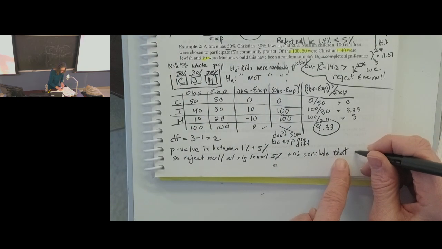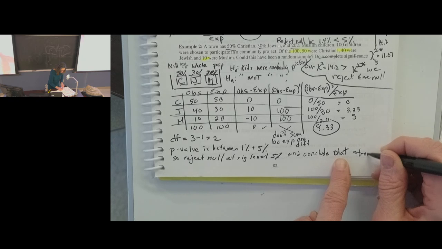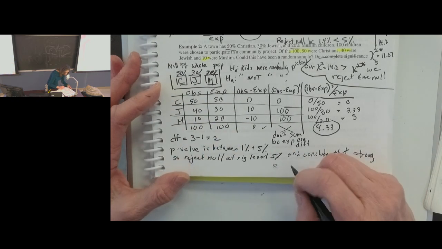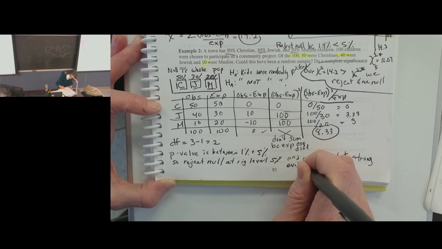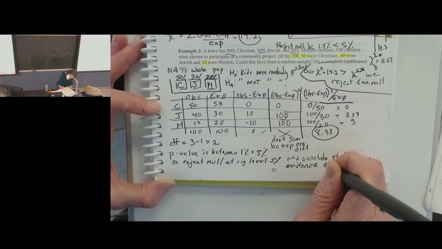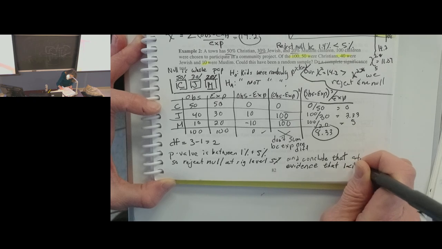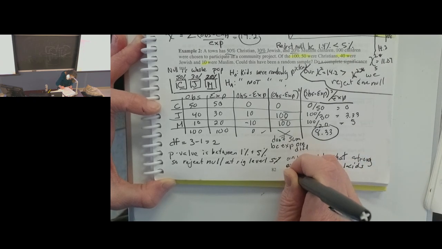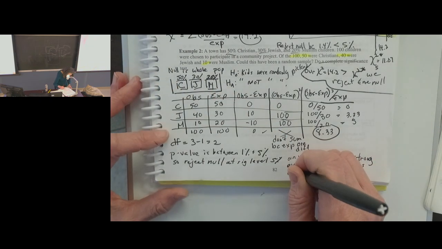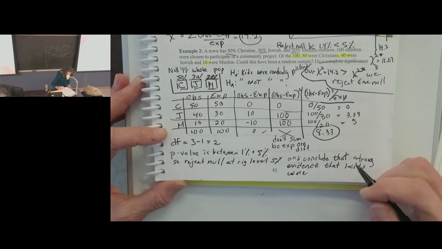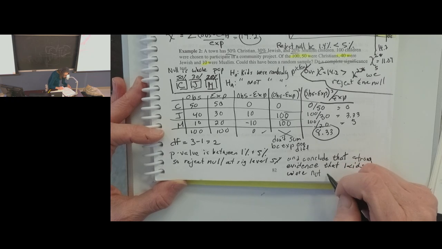That there's strong evidence that kids were not randomly chosen. We don't know how they were chosen, but that's probably not the model right there. Excuse me, that's not the model. Were not randomly chosen.